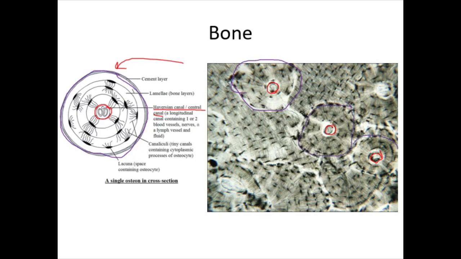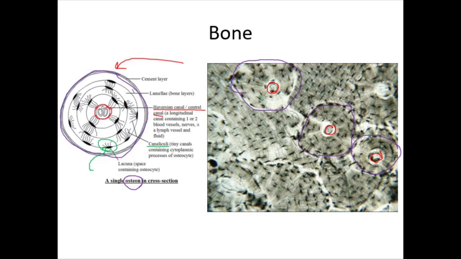You can't really see the lacunae here. So the osteocytes here have cellular extensions that go down into what we call canaliculi, which are tiny canals. So they contain these cellular extensions of the cell. Where are you seeing that? All of these little black spots are the osteocytes in the lacunae.